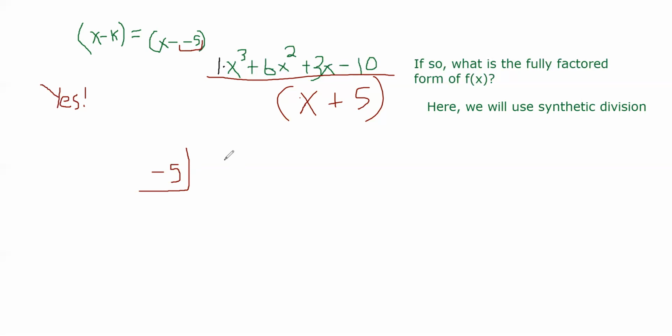So I'm going to write the coefficients: 1, positive 6, positive 3, negative 10. And now let's do the synthetic division. We're going to realize that synthetic division is really cool, or at least really fun.